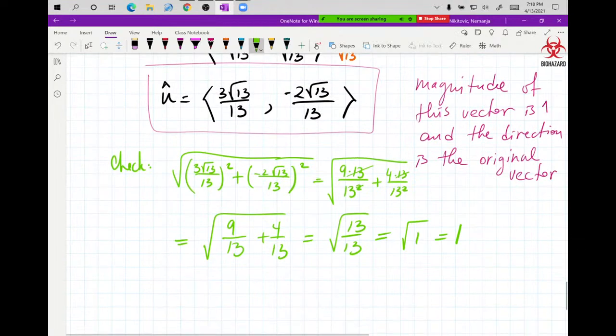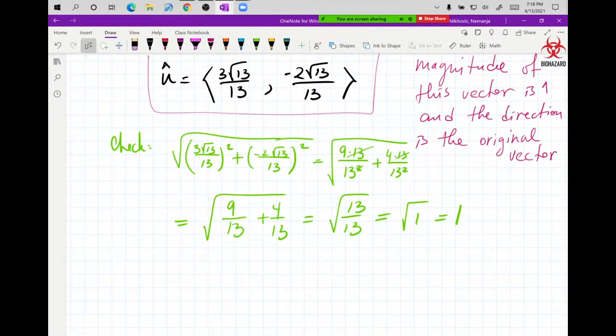Awesome. And then I also said that the direction is the same as the original vector. Well, that's also easy to check. It's just the inverse tangent. And we don't even have to compute it. We just need to compare it to the original problem, which is negative y over x, which in our case is negative 2 root 13 over 13 divided by 3 root 13 over 13.